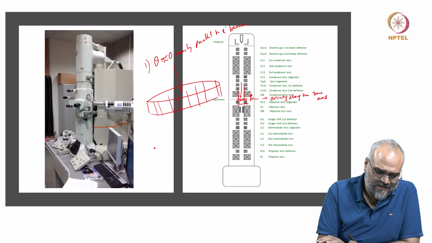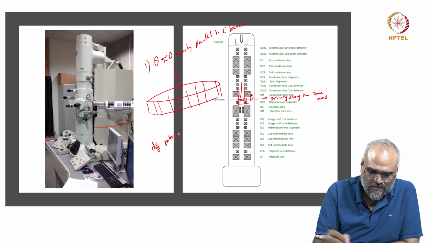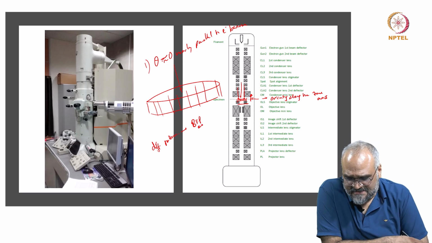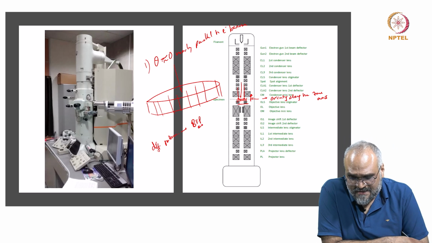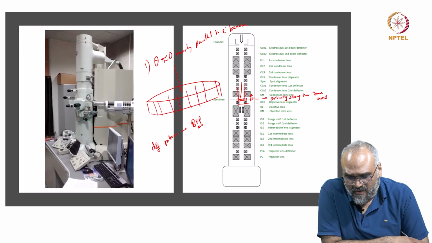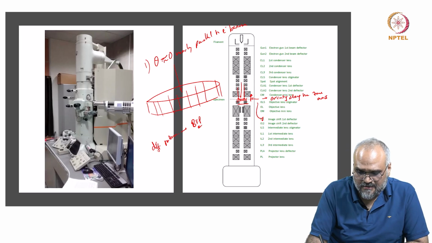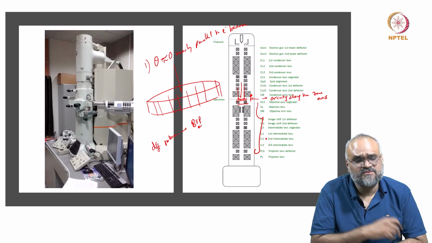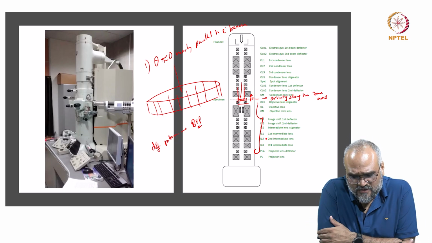So that means my diffraction pattern is at the back focal plane of the objective lens. When I make the back focal plane the object plane for the projection lenses, I see the diffraction pattern. That is what you see in a transmission electron microscope.